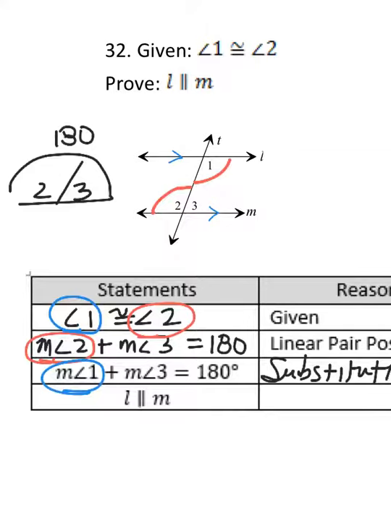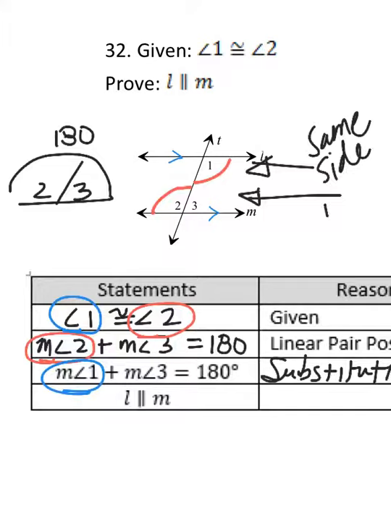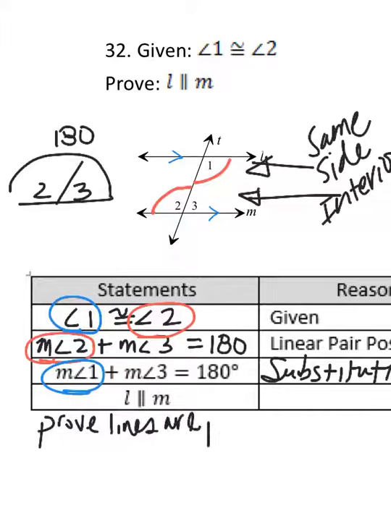And lastly, since angle 1 and angle 3 are adding up to be 180, and they are same side interior, and since I'm trying to prove that the lines are parallel in this step, I cannot just say same side interior.